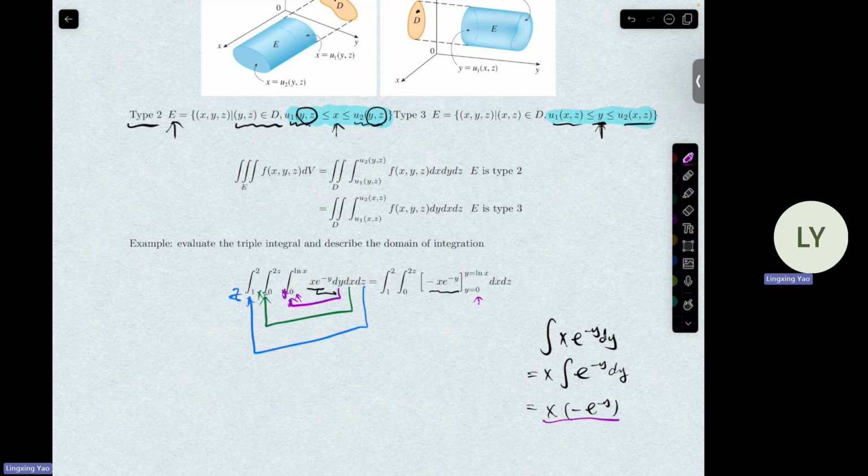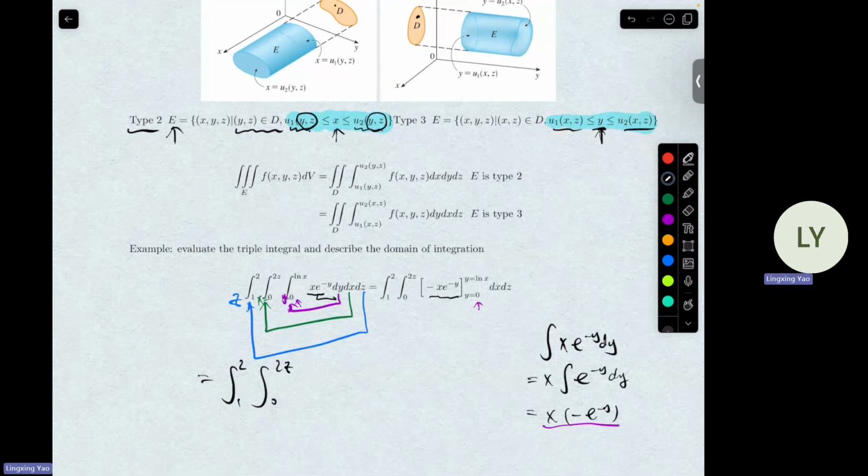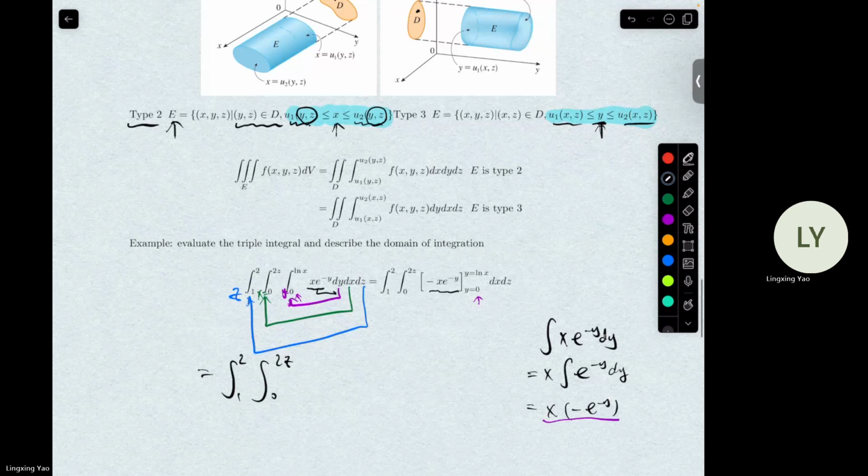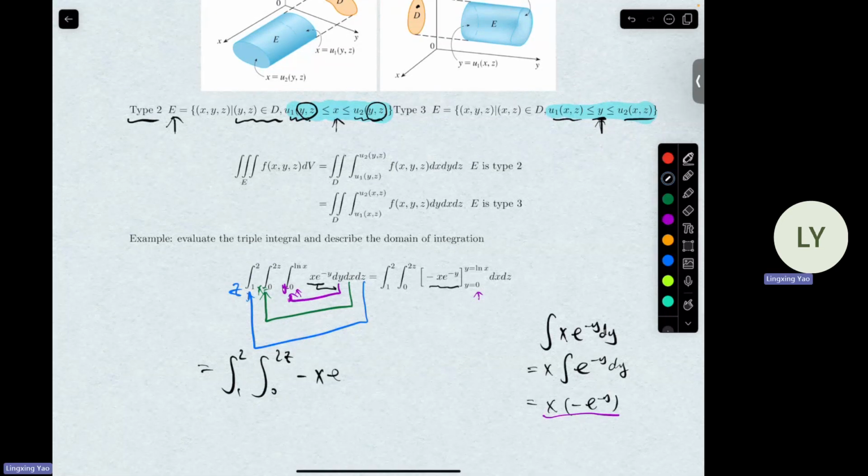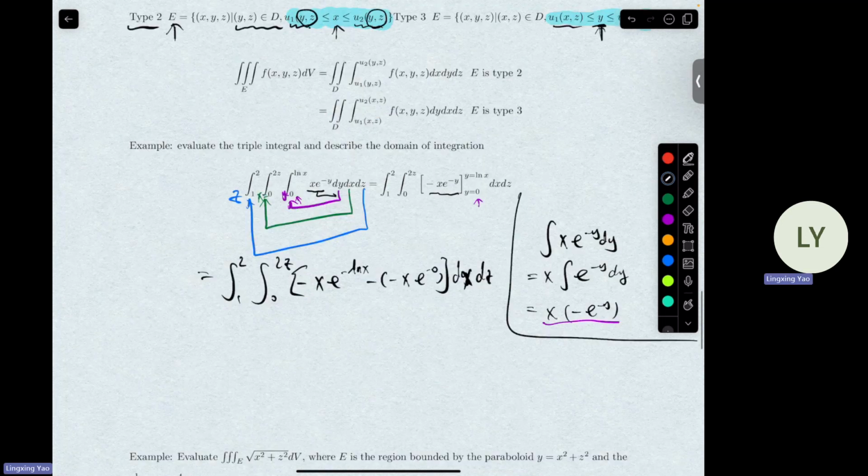So this gives us negative x times e to the negative log of x, minus negative x times e to the negative 0, dx dz. This is what we have.